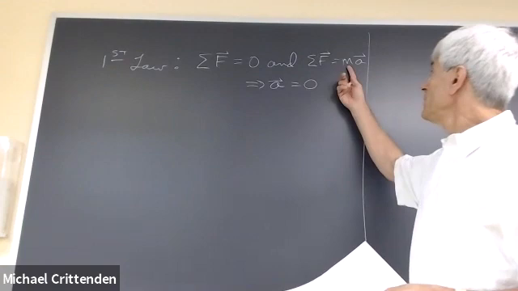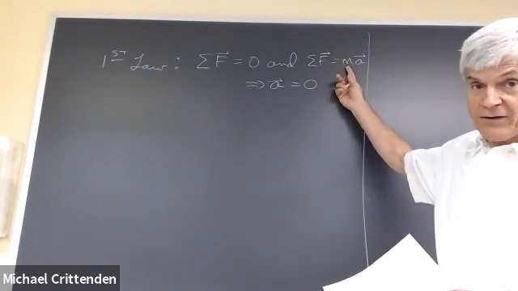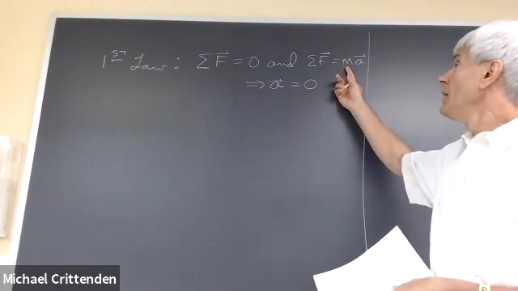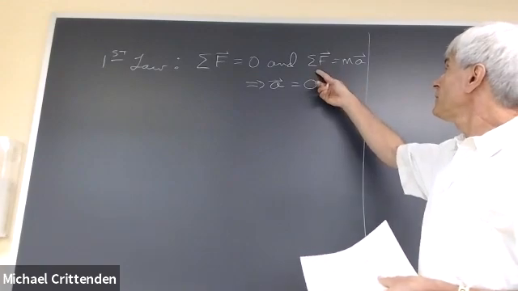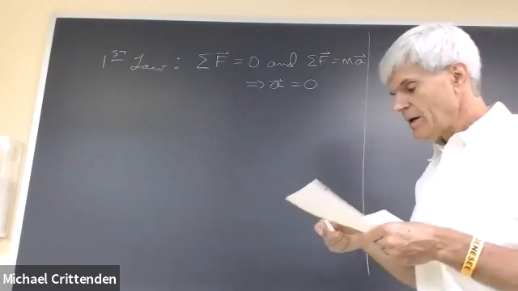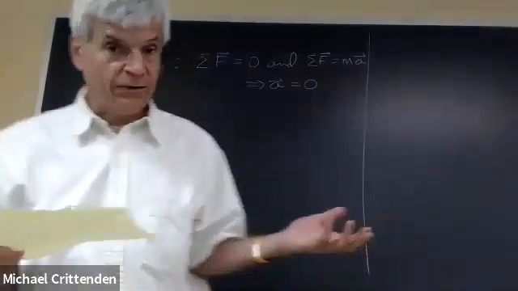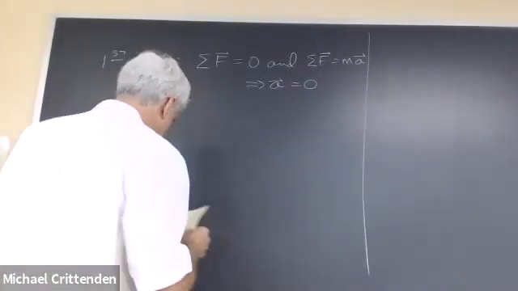Because assuming the thing exists at all, its mass is not 0. And so if this is 0, that's got to be 0. 0 acceleration is the same thing as saying a constant velocity.